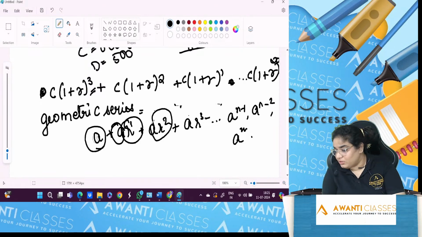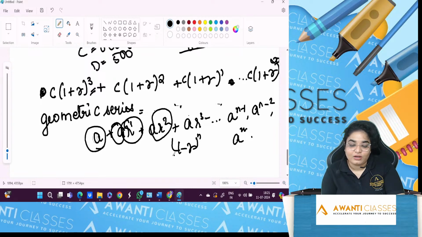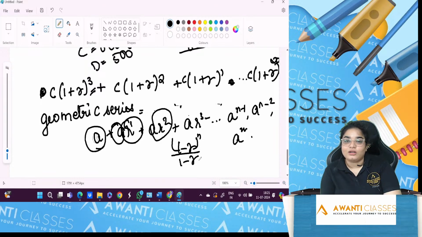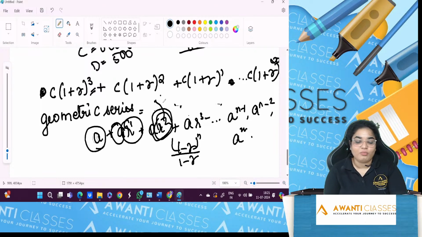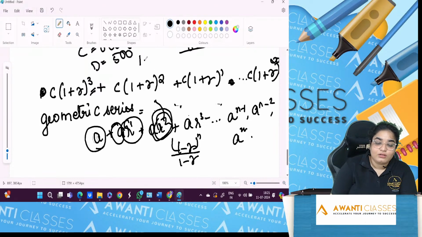When that happens, the formula for that is a into 1 minus r to the power of n divided by 1 minus r, where r is the common ratio. What is the common ratio here? The common ratio is 1 plus R. Yes, the common is 1 plus R. And what is the constant here? The constant is 1.